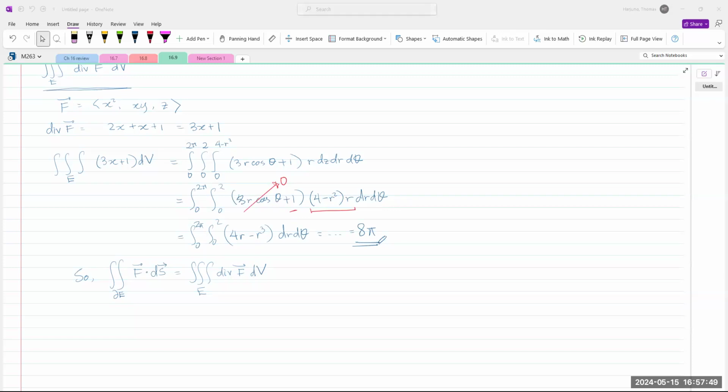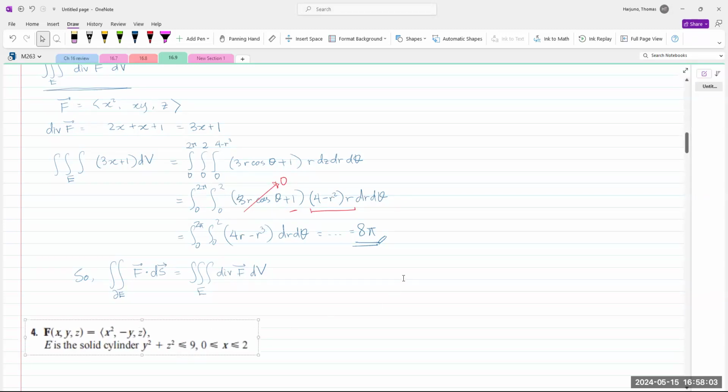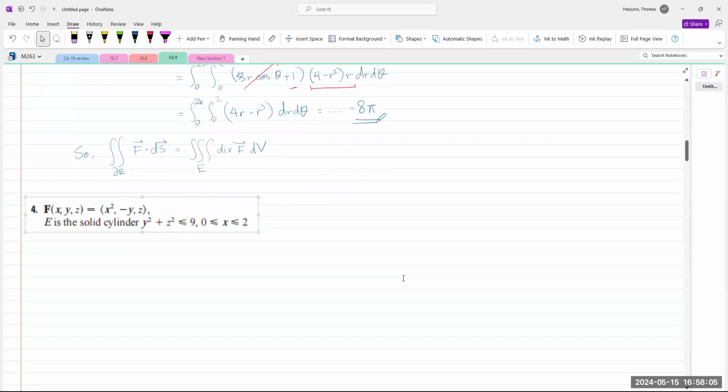Let's see question number 4. For question number 4, we have that vector field, and E is the solid cylinder with y squared plus z squared less than or equal to 9.